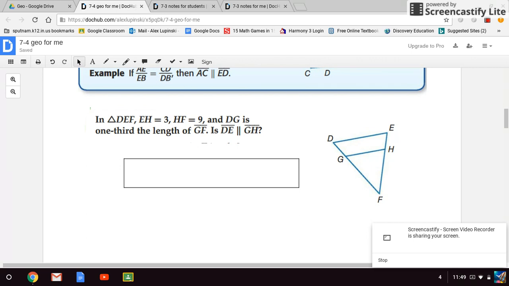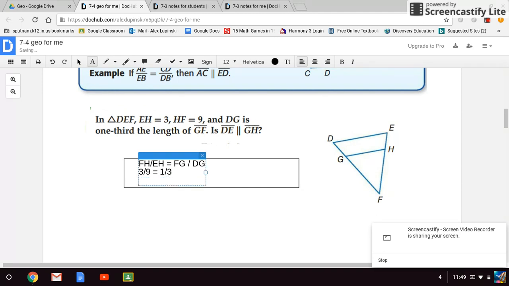So to start off, we would have FH over EH has to equal FG divided by DG. So we know EH and HF is going to be 3 divided by 9, which is going to reduce to 1/3.